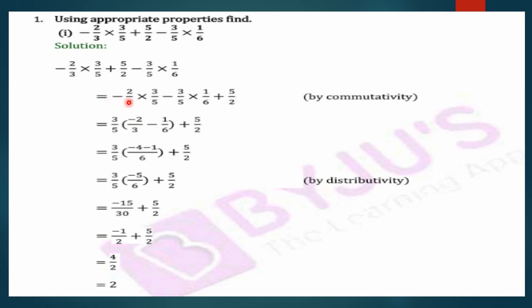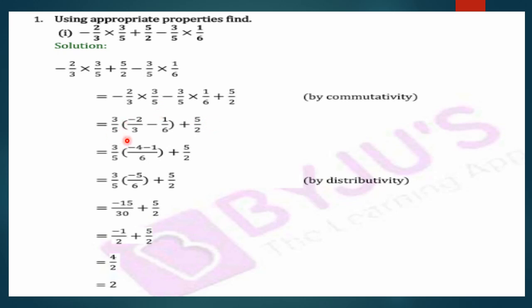In the next step, minus 2 by 3 into 3 by 5 is the first part, then minus 3 by 5 into 1 upon 6 is the third part, and the middle part is plus 5 by 2. So we rearrange the terms and write it this way. Now the next step is, from the first two we take 3 by 5 common.